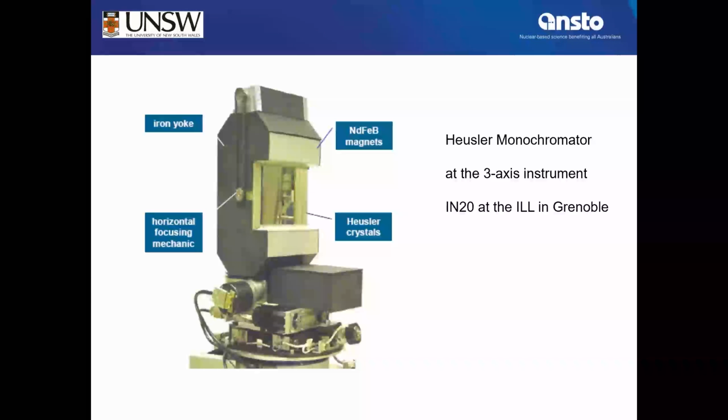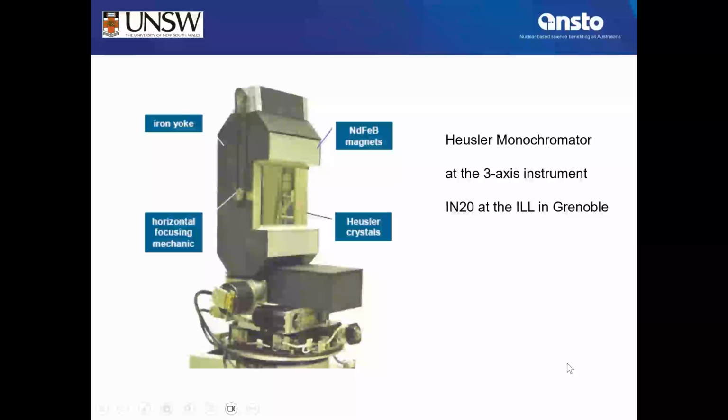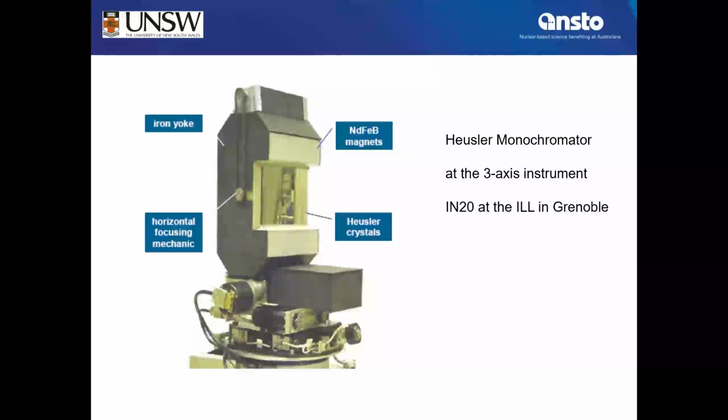Okay, what you see here in the inner core is the Heusler crystal, the ferromagnetic single crystal. To polarize it, we need an external permanent magnet, neodymium iron boride. That's that external magnet. And the internal magnet, that's indeed the Bragg crystal, the monochromator. It's a Heusler alloy, copper 2 manganese aluminum. So that can be used on a triple axis.